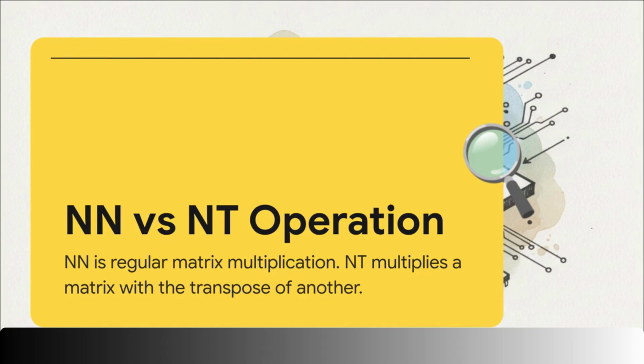To answer that, there's this fascinating arXiv paper that analyzed the cuBLAS library, which, if you don't know, is basically the engine powering deep learning on NVIDIA GPUs. The researchers broke things down into standard NN operations, meaning no transpose, and NT operations, where one matrix is transposed during the multiplication.